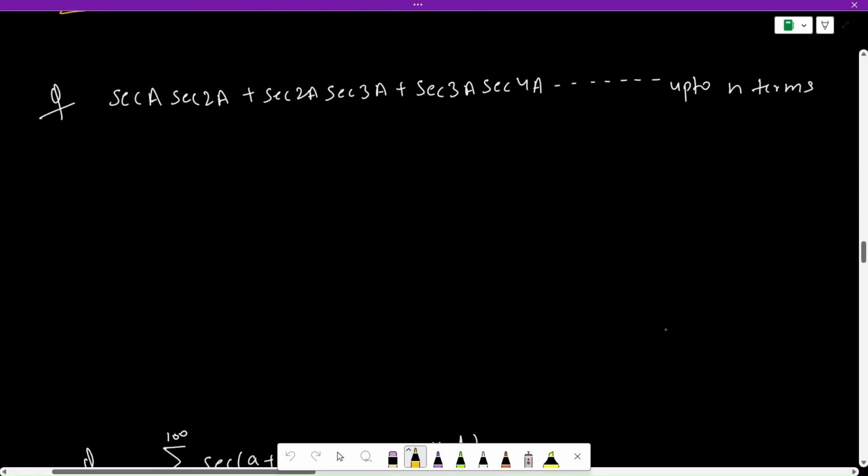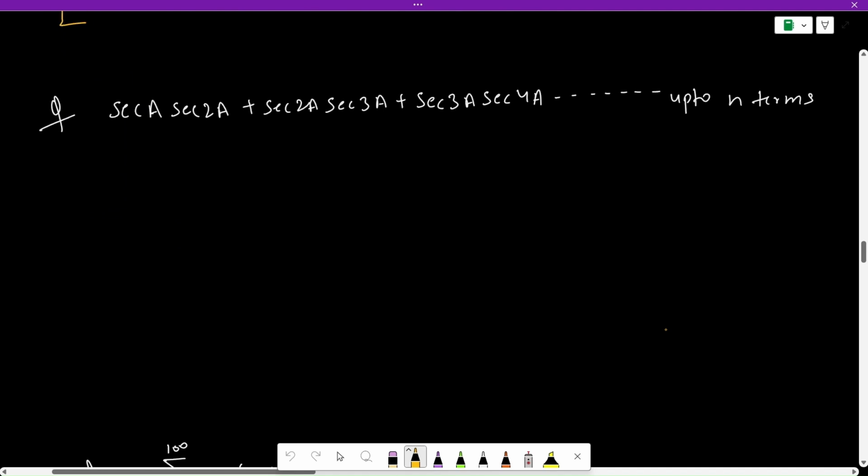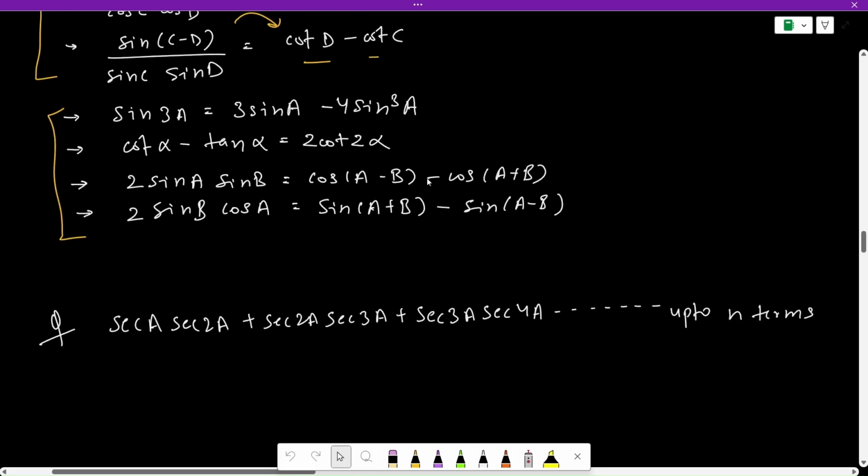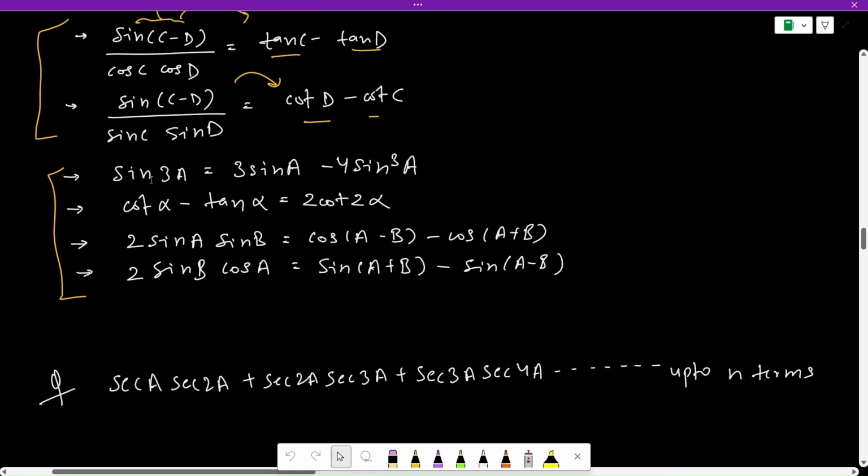So this is the first question. As you can see, this is sec a sec 2a plus sec 2a sec 3a, and so on up to n terms. First of all, let's write this in cos, as we have some identities and properties that we can exploit.